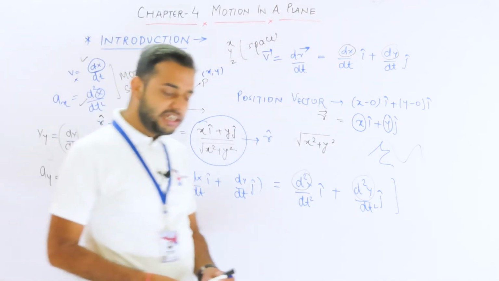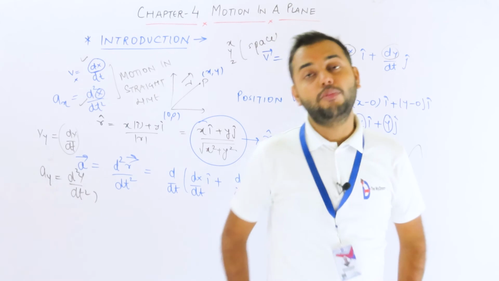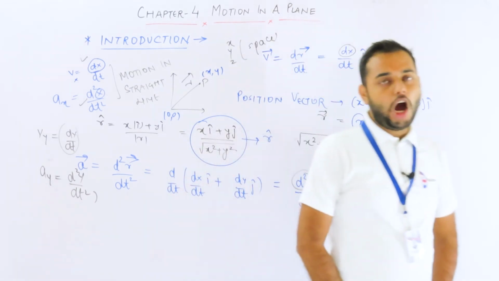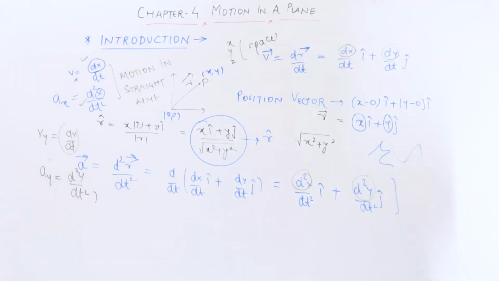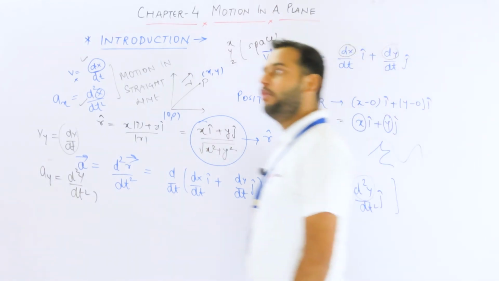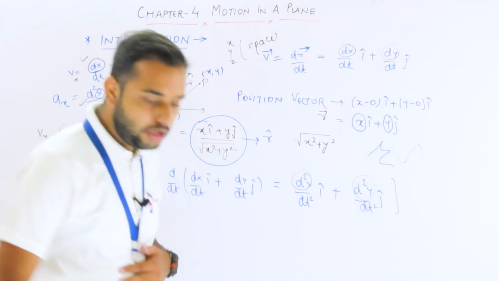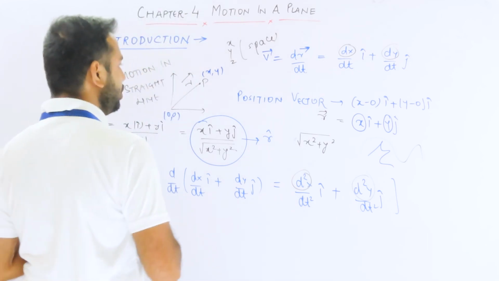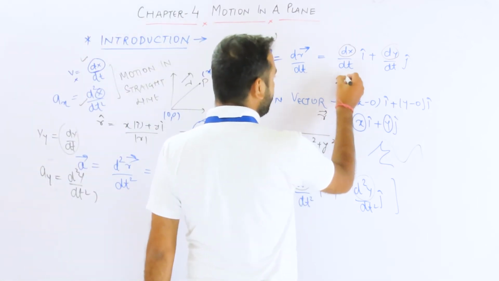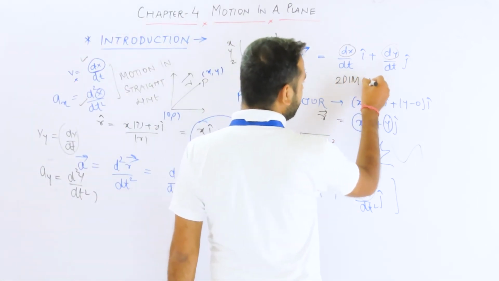Probably in the next lecture we'll be discussing projectile motion. We will see how projectile motion helps us better understand motion in a plane. As I already told you, motion in a plane is a two-dimension motion. I already specified it to you.